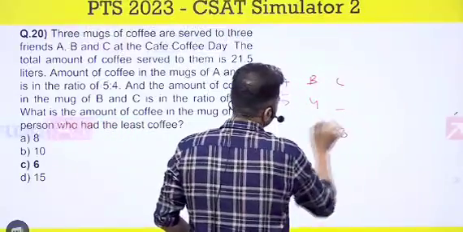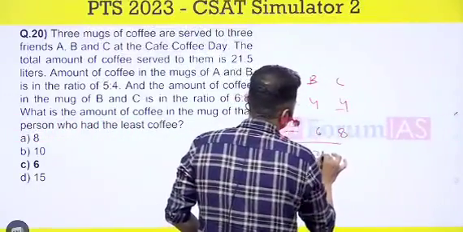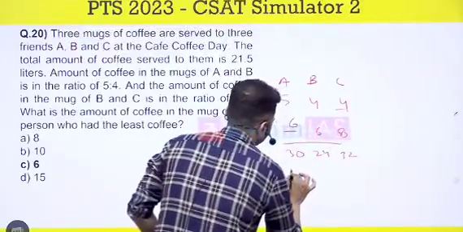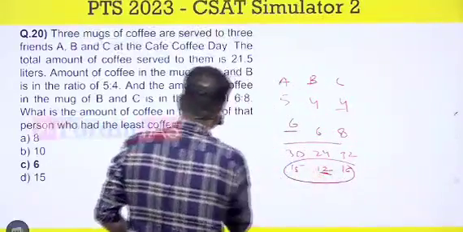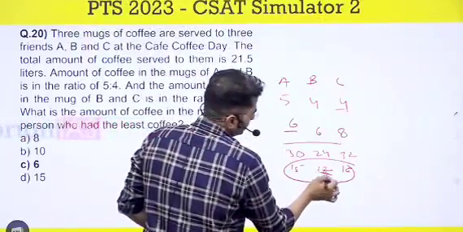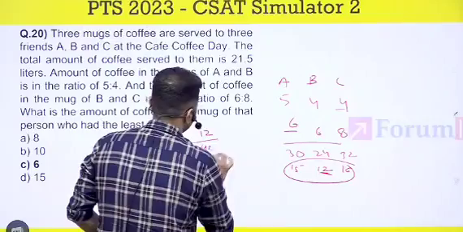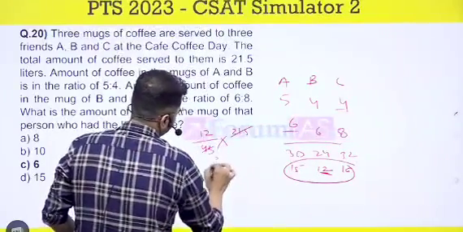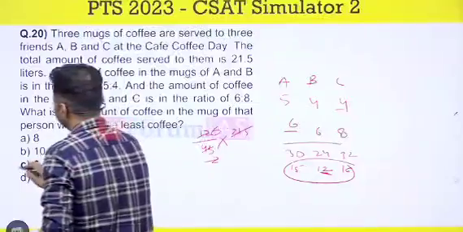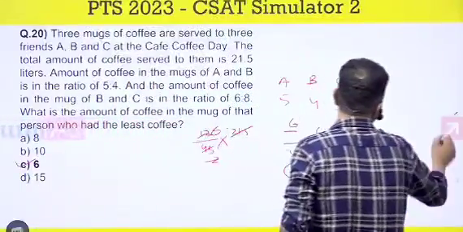So just to fill in the blanks here, we'll get 6, 4, 30, 24, 32. This becomes 15, 12, 16. We need the ratio for this. So this will be 12 by 28. 28 plus 15 is 43, into 21.5. This is roughly 2 and this is roughly 6. So the answer here would be roughly around 6.